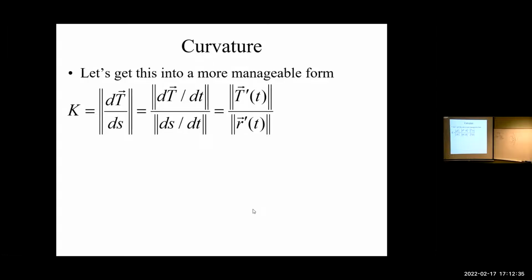Well, that's this. Again, T is a unit tangent vector, not just a tangent vector. But all we have to do is take the magnitude of T prime of t, divided by the magnitude of r prime. Now, this isn't always going to be our most useful form.